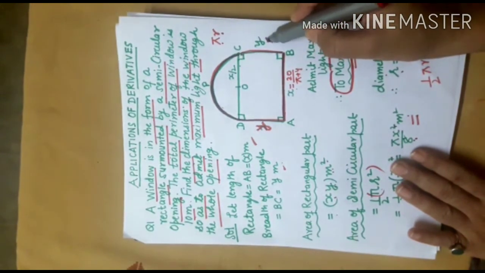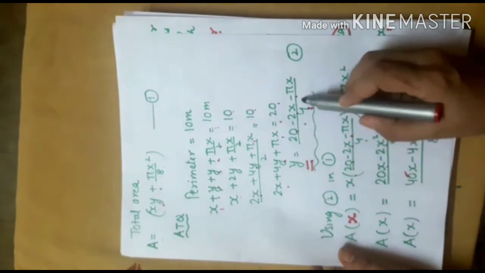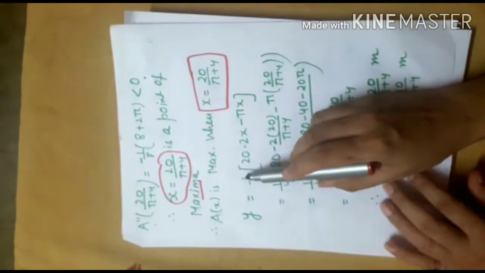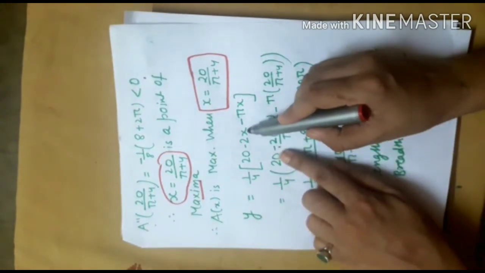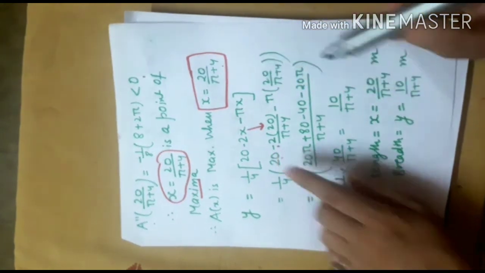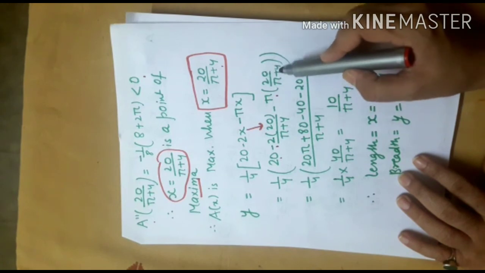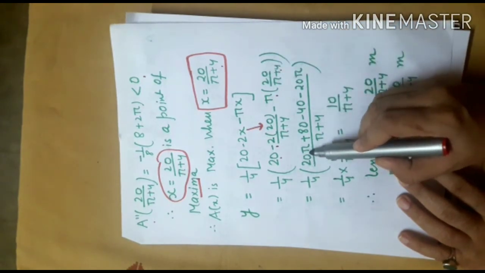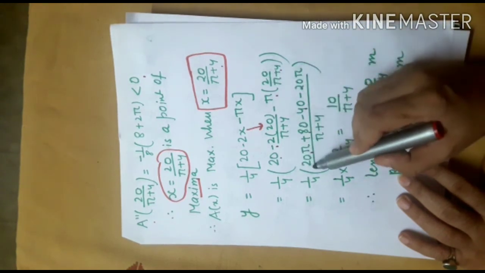Now I have to get the value of y. Yes, y is given by this. So from 2, the value of y will be 1 by 4 into 20 minus, yes, put the value of x, which is 20 over pi plus 4, minus pi x, which is again 20 over pi plus 4. On taking the LCM, I'll get here 20 pi plus 80 minus 40 minus 20 pi.